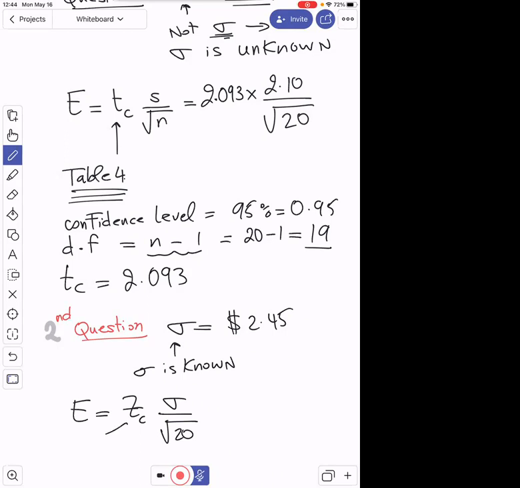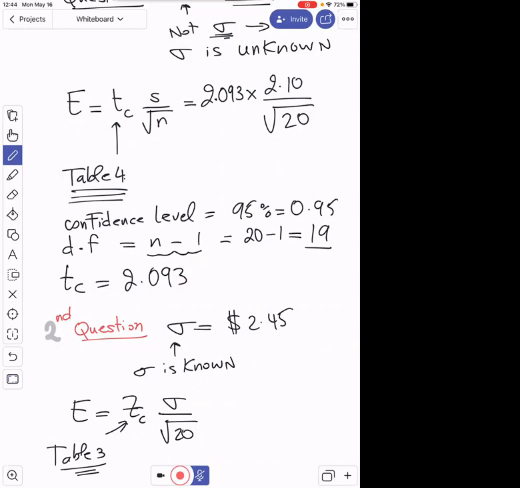And the way to find this Z subscript C, of course, is using this small table at the bottom of table V. That's where you find Z subscript C. All right, I think this is the most common mistake in this test.